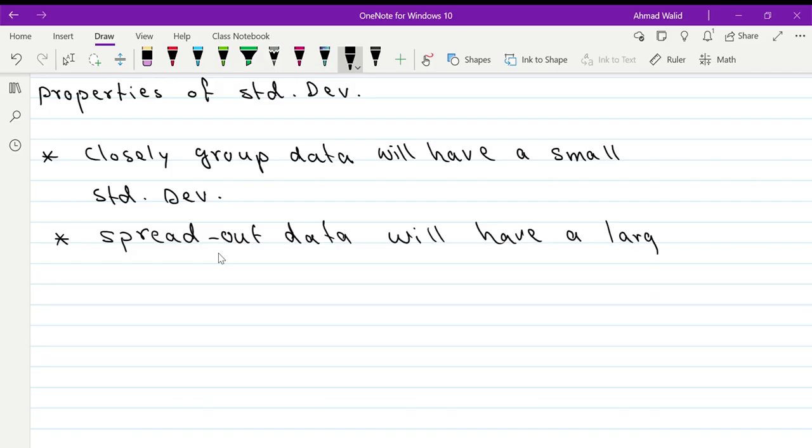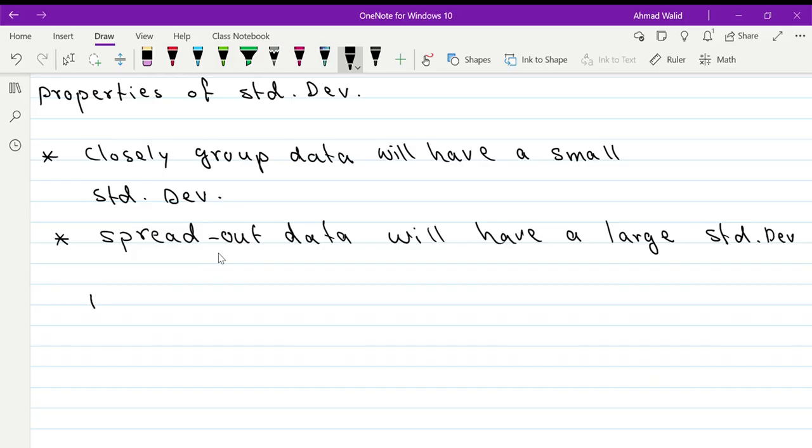You see both of them already in the examples. If your data is really closely grouped, it always gives you a small standard deviation. If you have separated data, then in this case, your standard deviation will be large, correct?